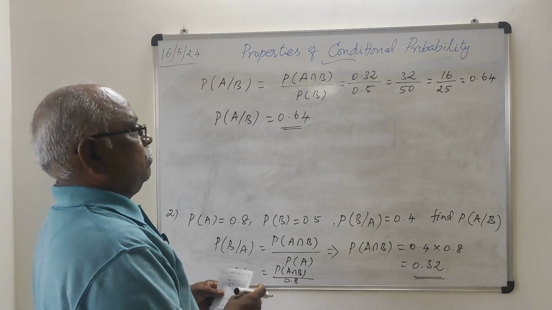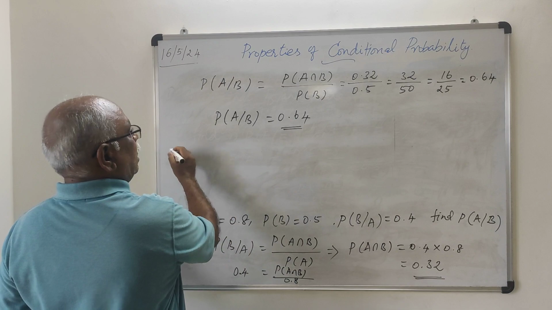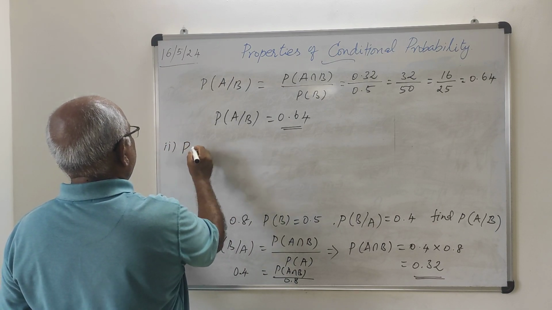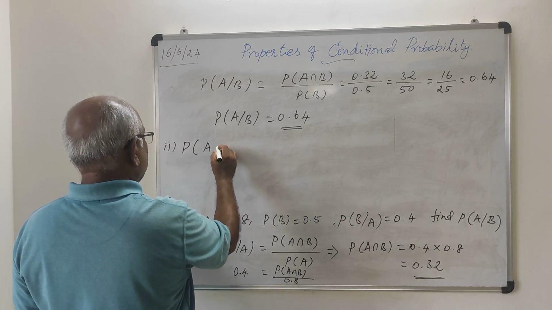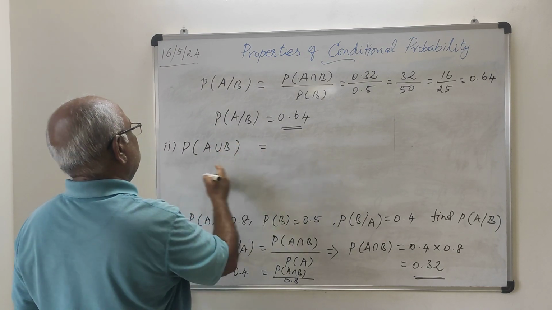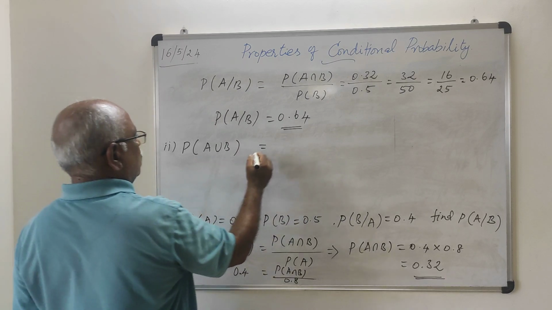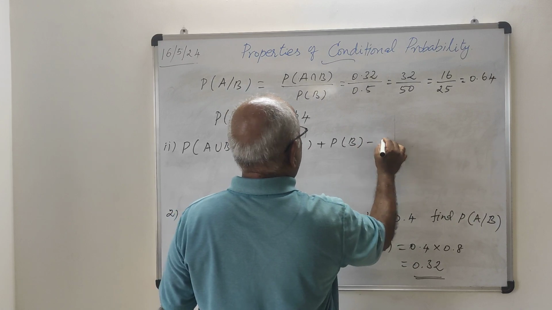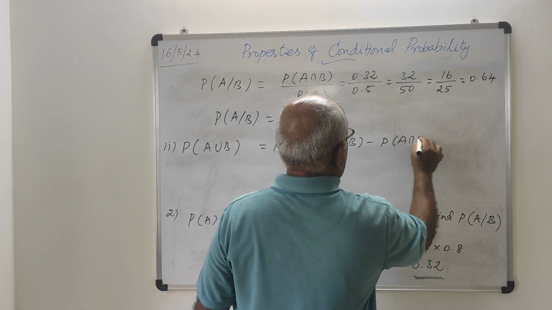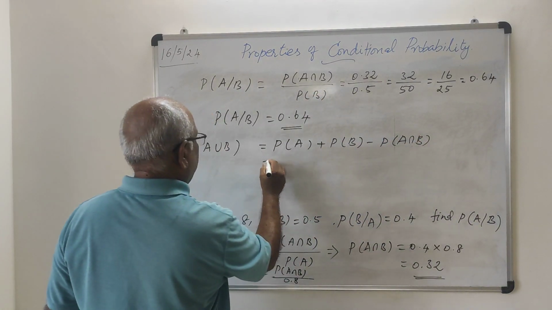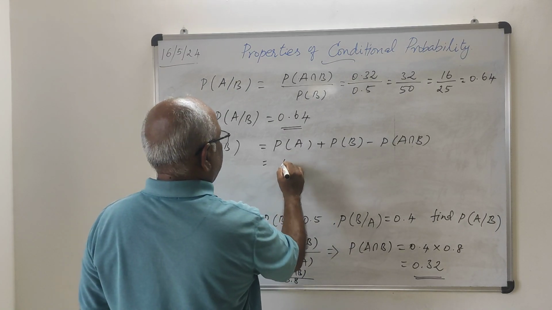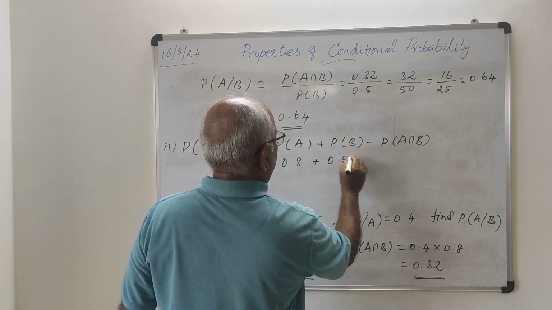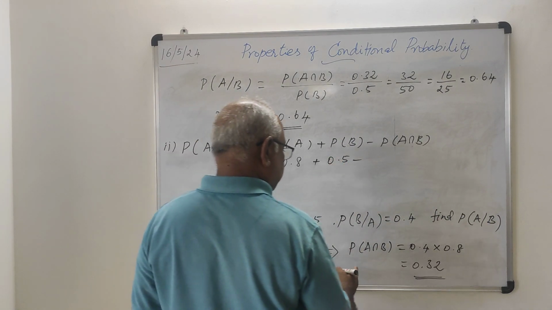And from the same problem, one more result they are asking: find P of A union B. By formula, P of A union B is P of A plus P of B minus P of A intersection B. You know P of A is 0.8, plus P of B 0.5, minus P of A intersection B 0.32.